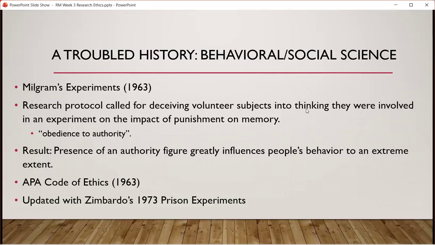I know that was a little wide-ranging looking at the food and drug, but it's important to understand the lineage and the historical constructs, right? That goes into why we really talk about ethics in our research today.